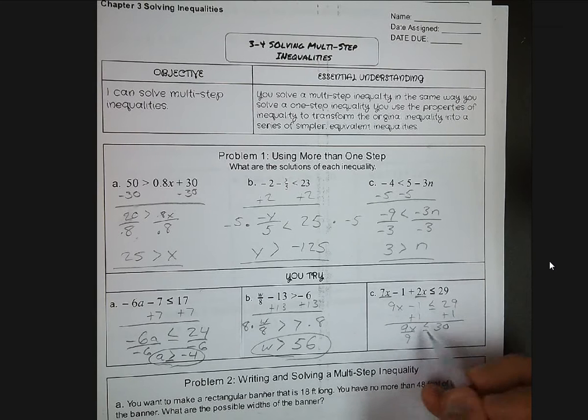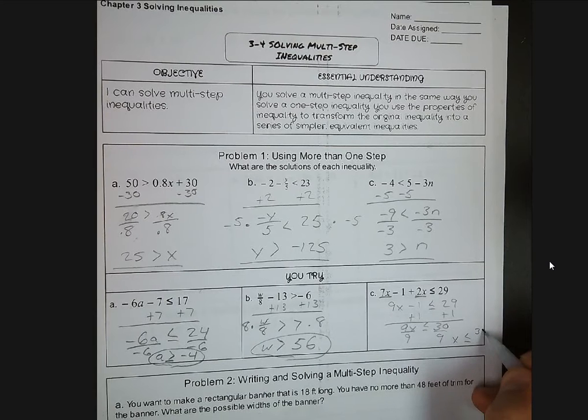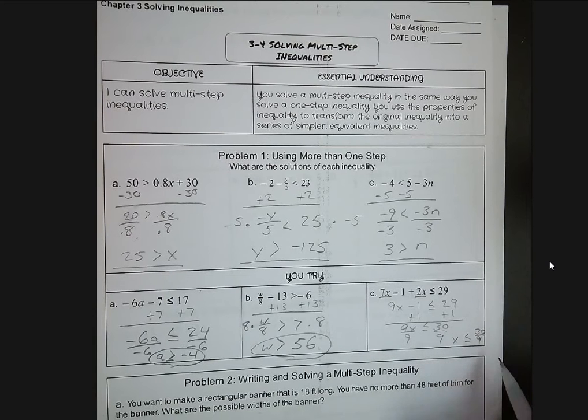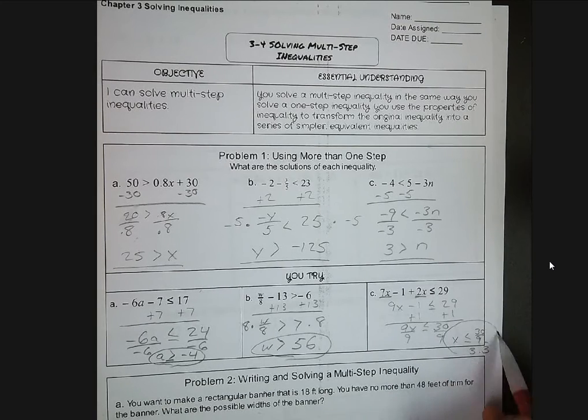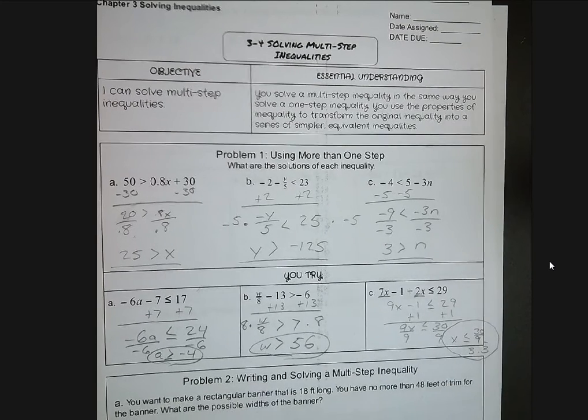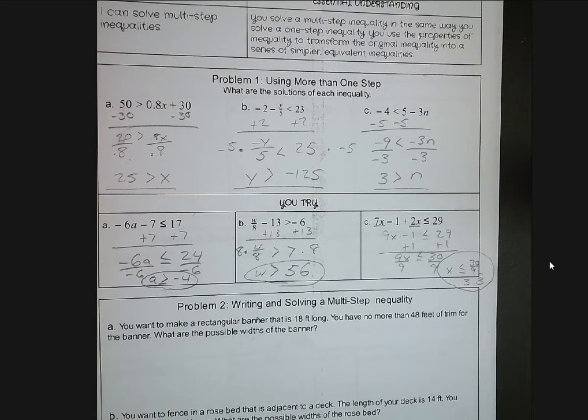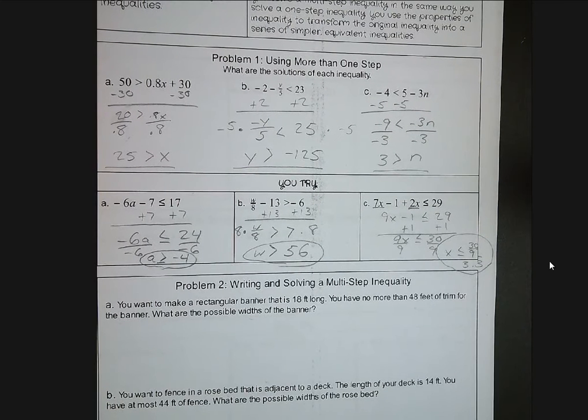Divide both sides by 9. And x is going to be less than or equal to 3.3 repeating, or 30 over 9. Either way, whether you want to represent it as a fraction or as a decimal, that's your choice. I'm going to be all right with either.